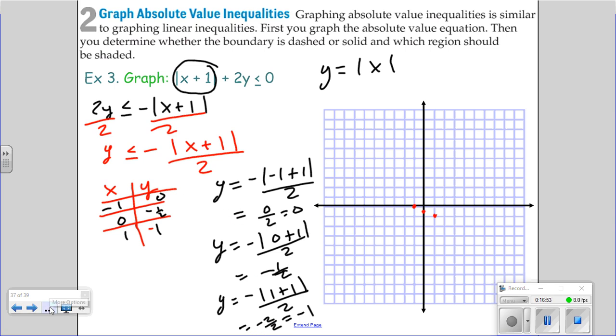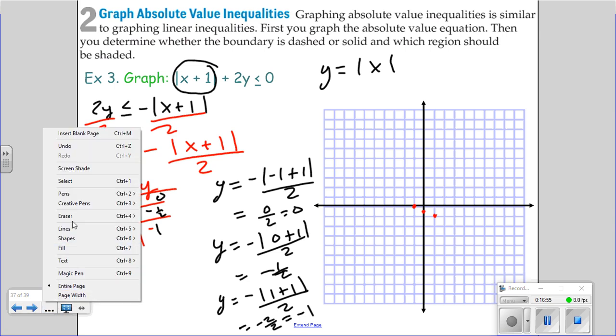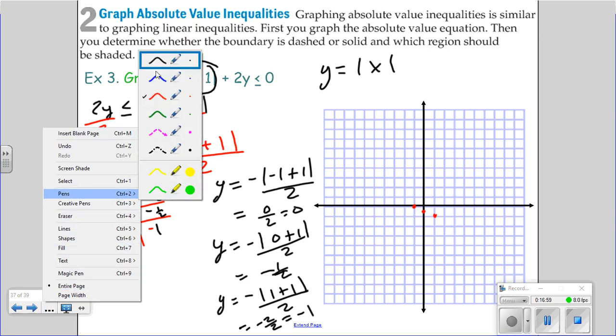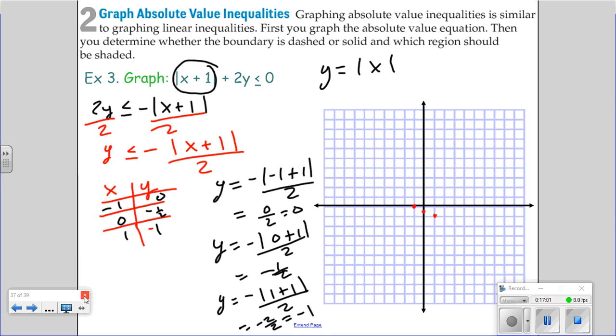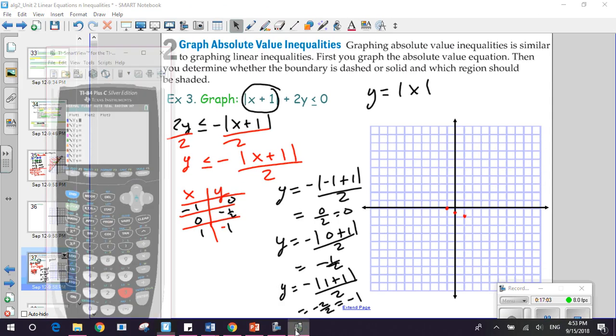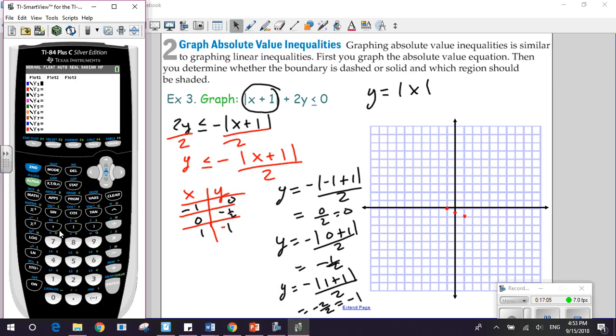Let's graph this in our calculator. I'm not understanding what just happened. So that would be negative, alpha y equals 1 for my fraction.